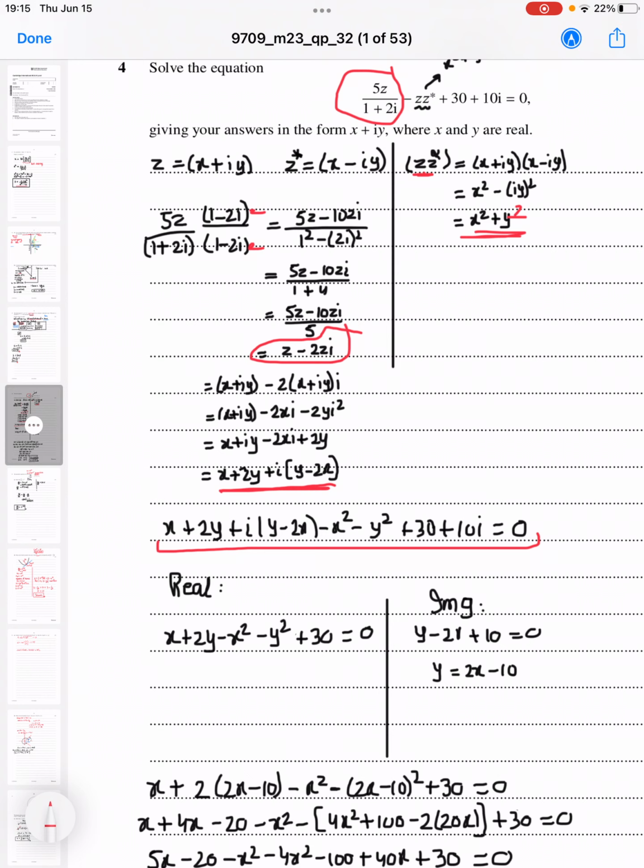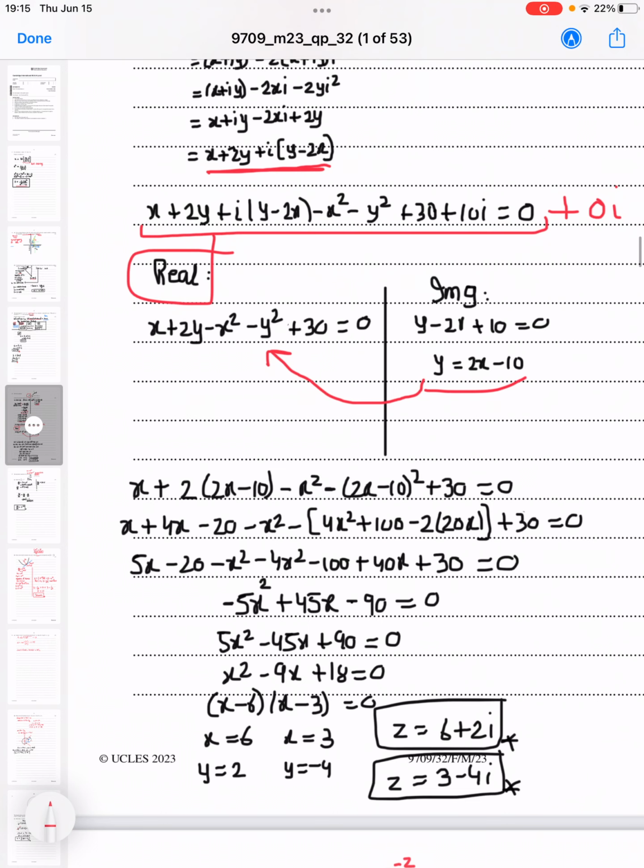So now the real part is 0 and the imaginary part is also 0, and then just make a comparison of the real part and the imaginary part, and substitute y equal to x minus 10 into the expression, and you would get the final answers.